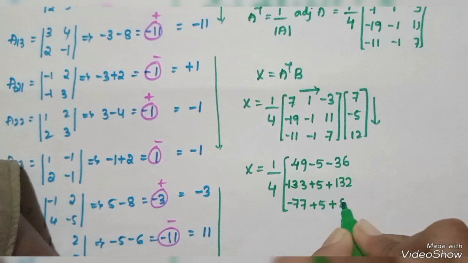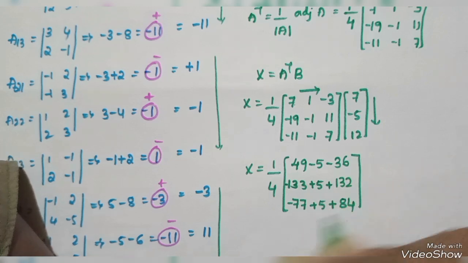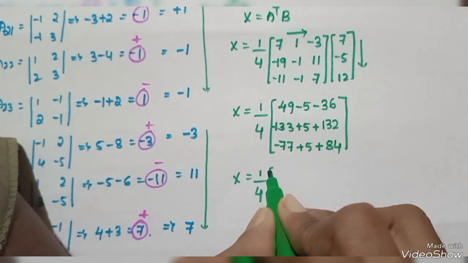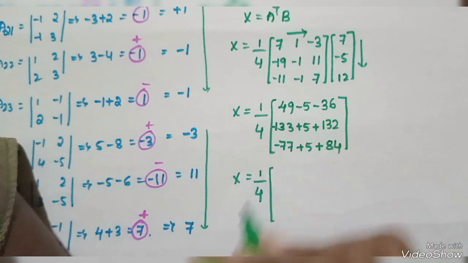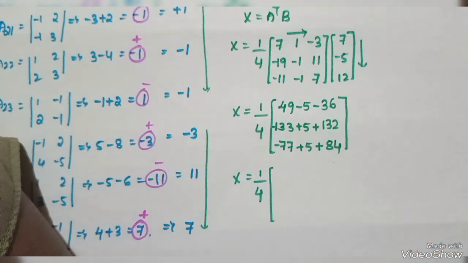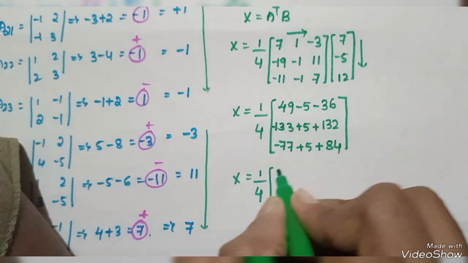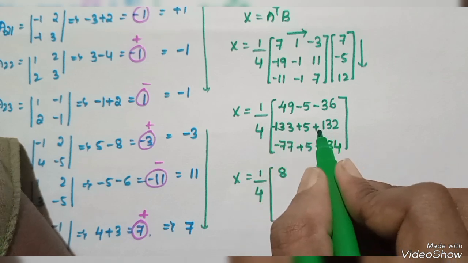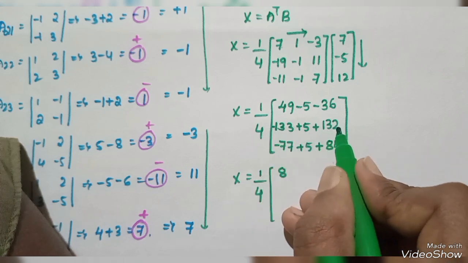Okay, now x is equal to 1 by 4. Then here minus minus, we have to add first. 36 plus 5 is 41. 49 minus 41, it becomes plus 8. 1 minus 133 plus 132, it becomes 1.